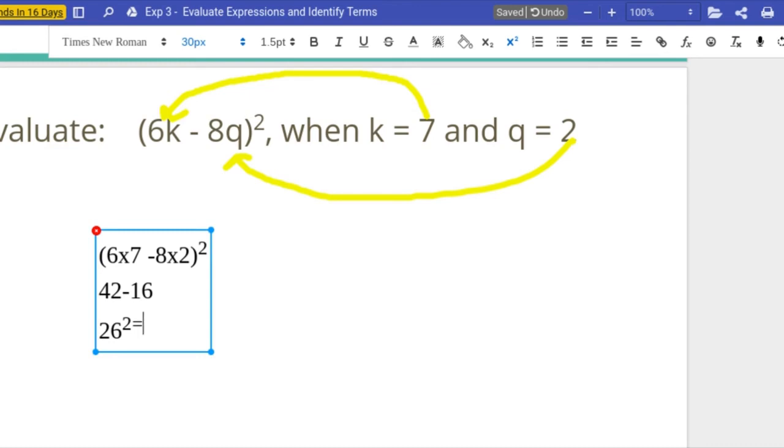And it looks like that is going to equal 676, not squared. 676, right there. So our expression will equal 676 when k is 7 and q is 2.